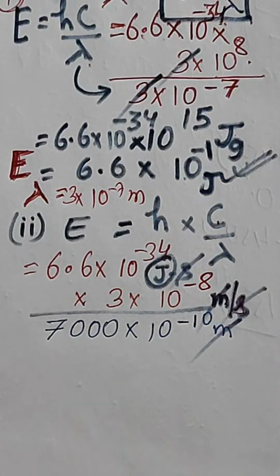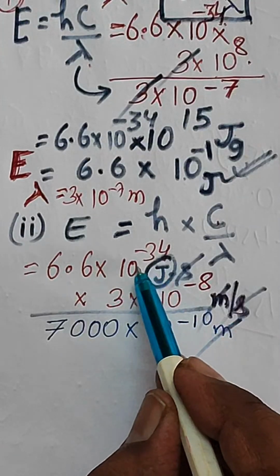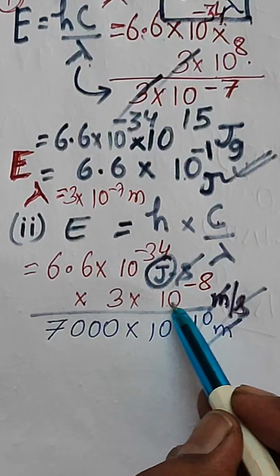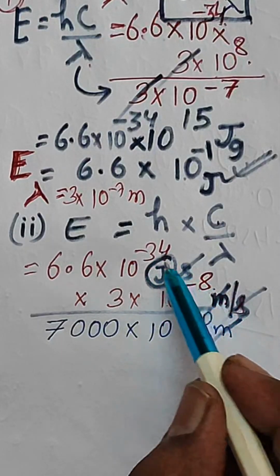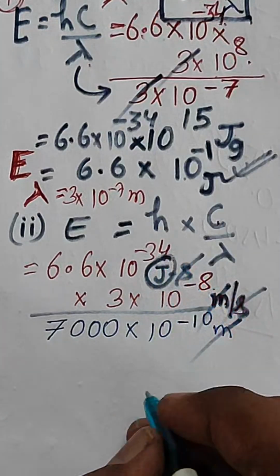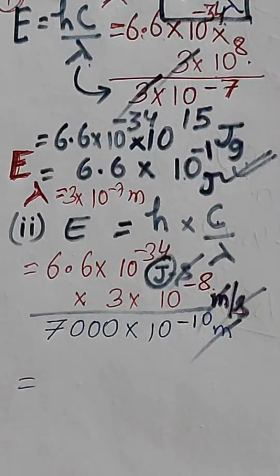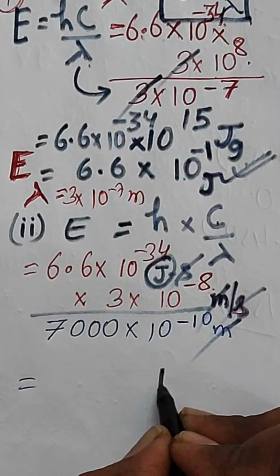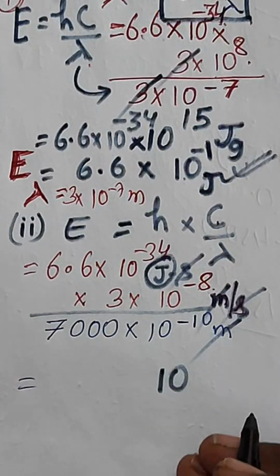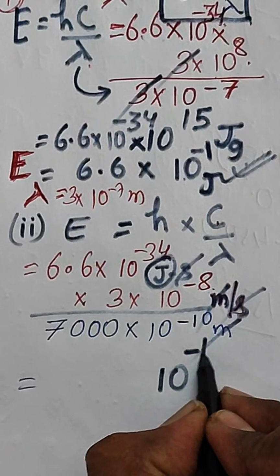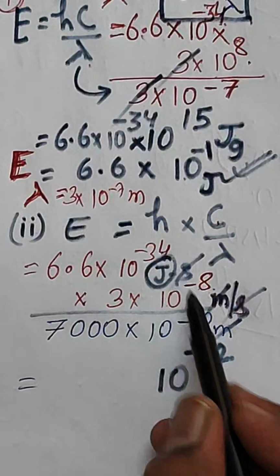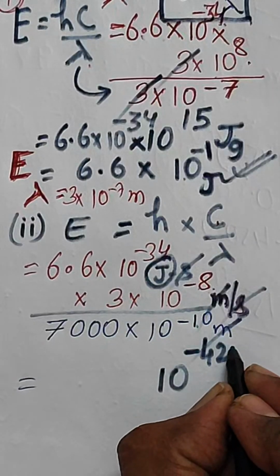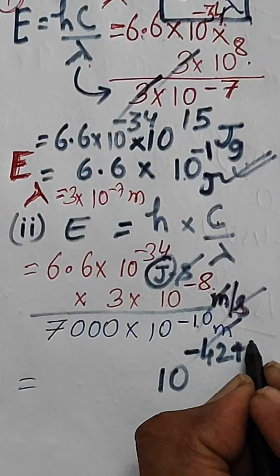Now 10 power minus 34 and 10 power 8 combine, and the minus 10 in the denominator goes into the numerator as plus 10.